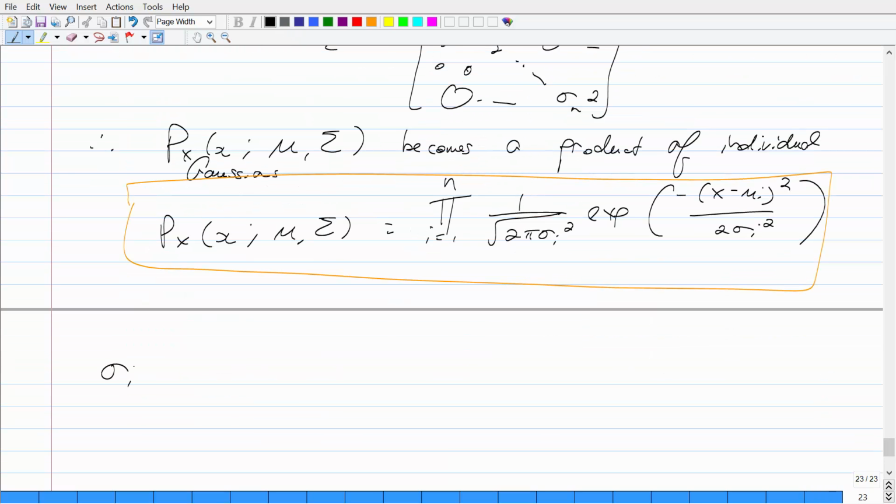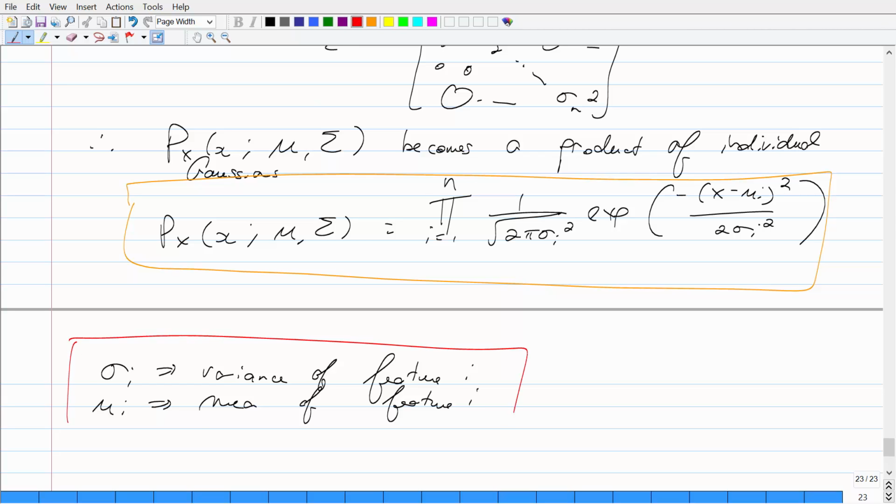So let's see. Sigma i is the variance of feature i, and mu i is the mean of feature i. Okay. So that's what happens. It becomes a product, so that they're all independent.